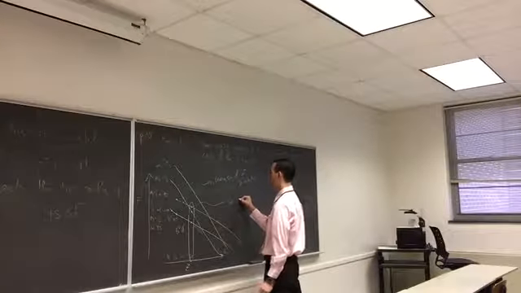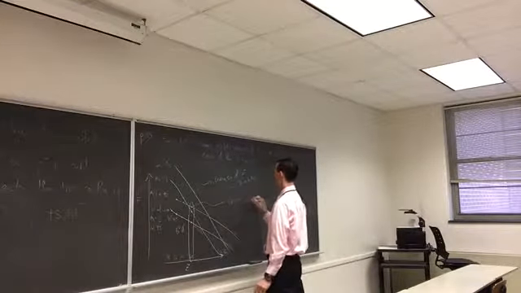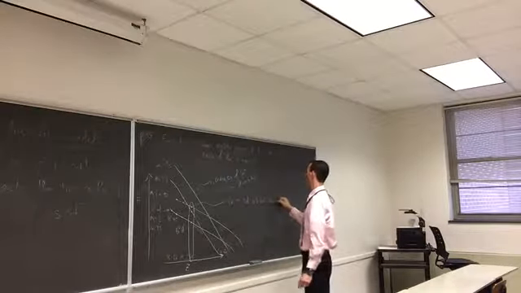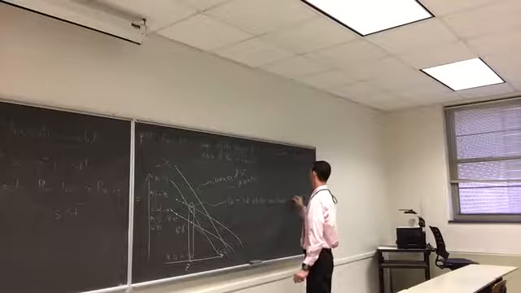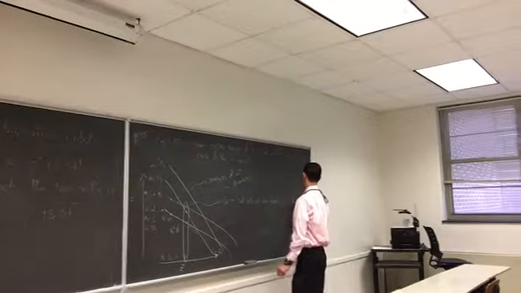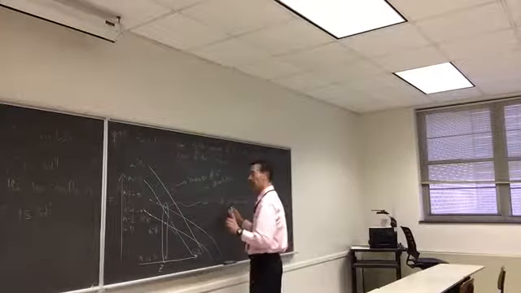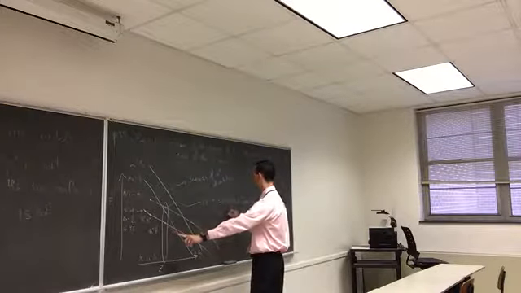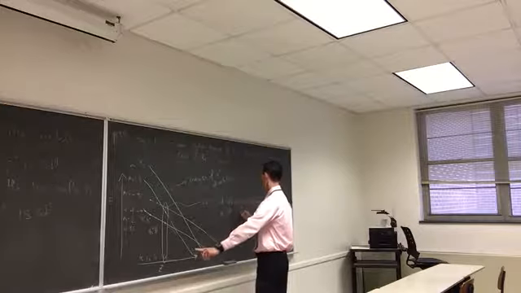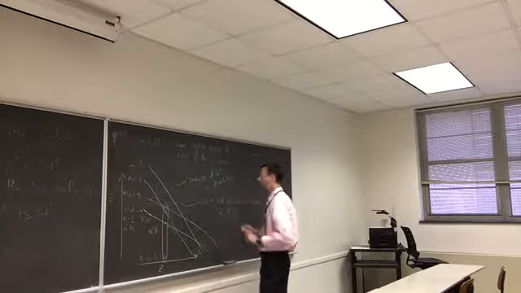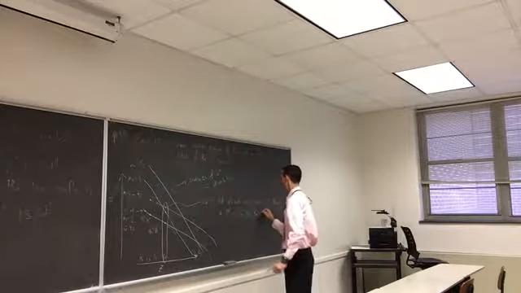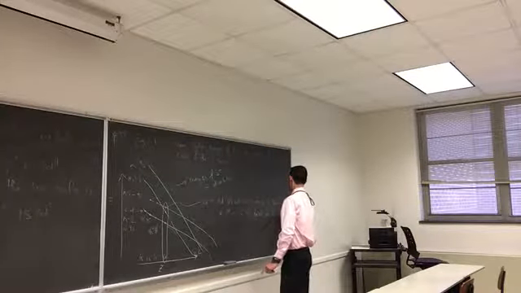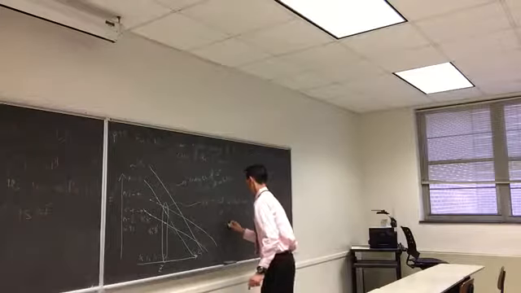For chromium, what we see is that the 3d orbitals are lower in energy than a second electron in 4s, based on the energies that we discussed earlier.